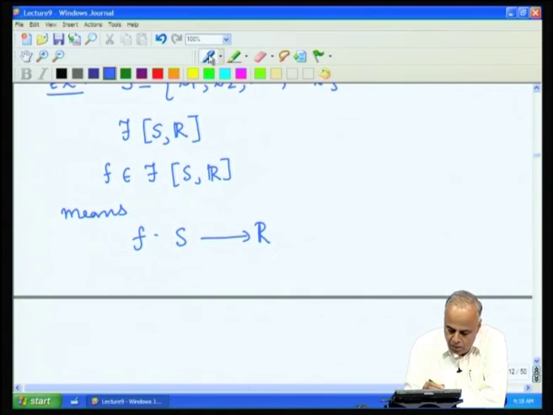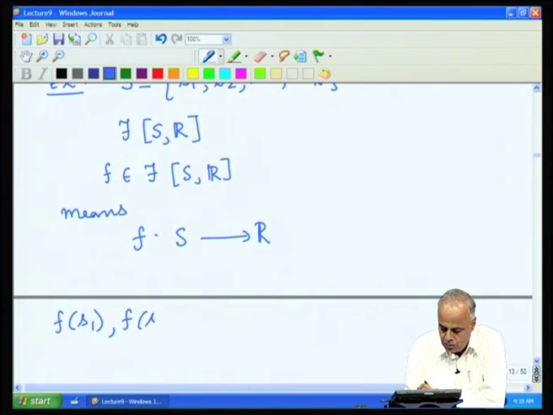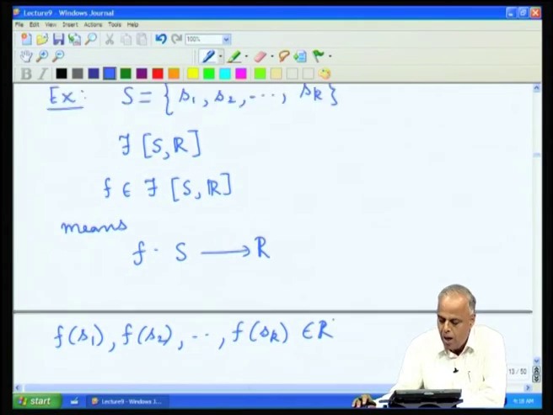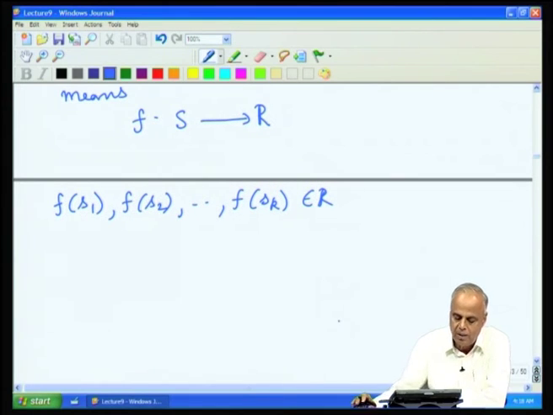So we will have F(s1), F(s2), etc., F(sk), which are all real numbers, so k real numbers.